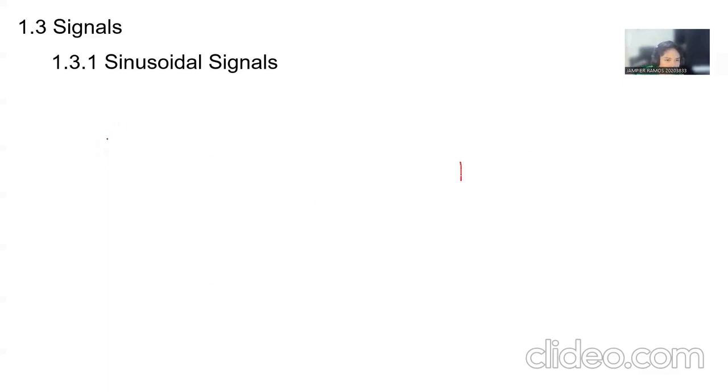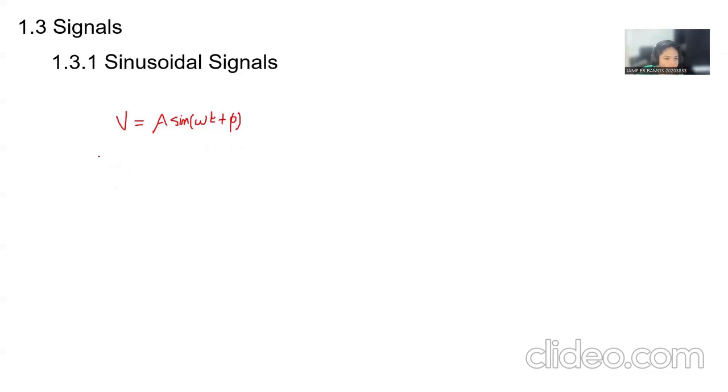Maybe many of you know this from mathematical courses, but in general, we talk about sinusoidal signals when we have, for instance, a voltage equal to a sine of the angular frequency times time plus a phase.